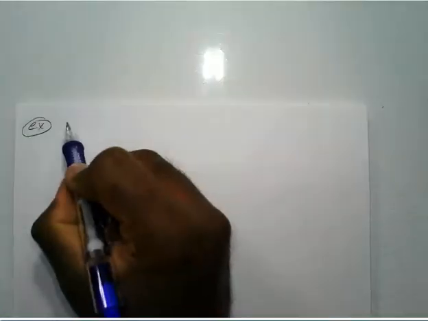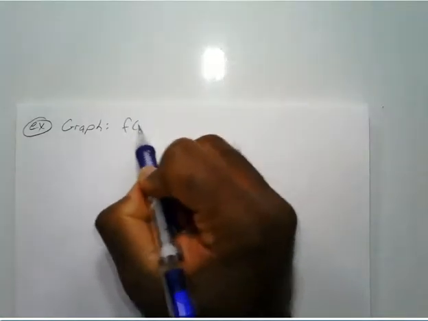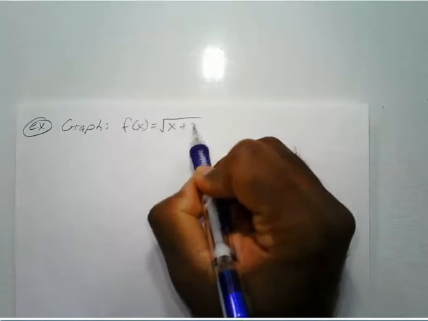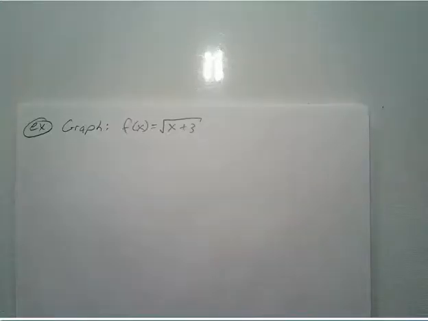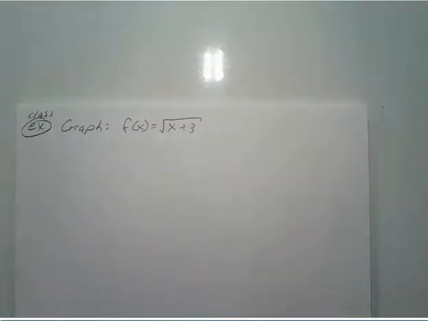So let's say for this example, we wanted to graph f of x equals the square root of x plus 3. What I want you to do is go ahead and press pause and try this one yourself.